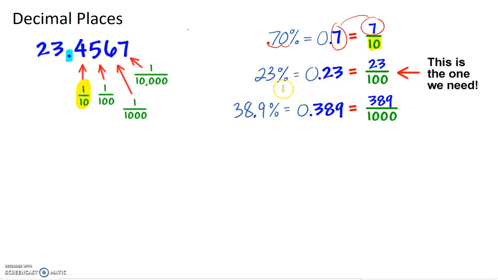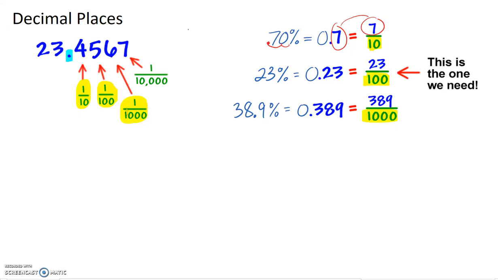Here, same thing. The 23% changes to 0.23. This is in the hundredths position, so we put 23 over the hundredths. And so hopefully that starts to make sense. Here, tenths, hundredths, thousandths. So we take the 389 and we move it into a fraction over 1,000.